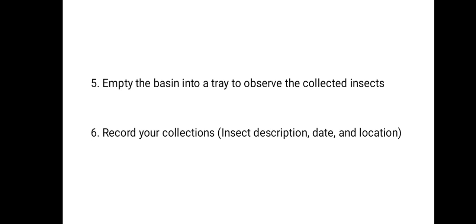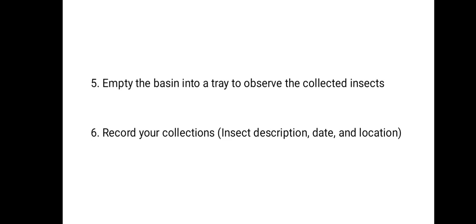Point number 6 is to record your collections. Record your collections. Very, very important, because where insects are collected, the type of insects, and the conditions of the environment are very necessary during research.